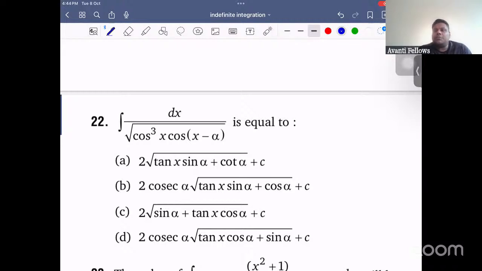Mark your answer in this poll section. Three people responded quickly. More responses I want.